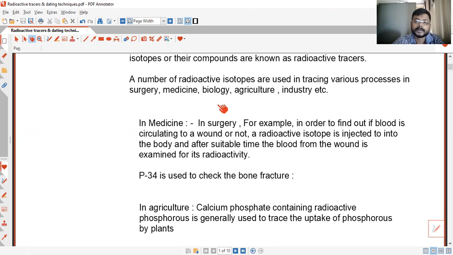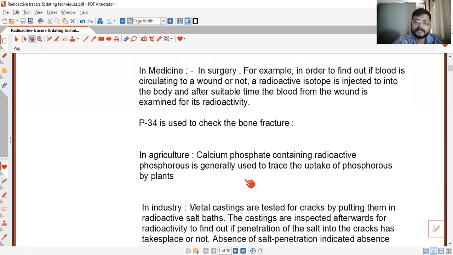That is one example application of radioactive tracers in medicine. Another example is phosphorus-34, which is used to check bone fractures.